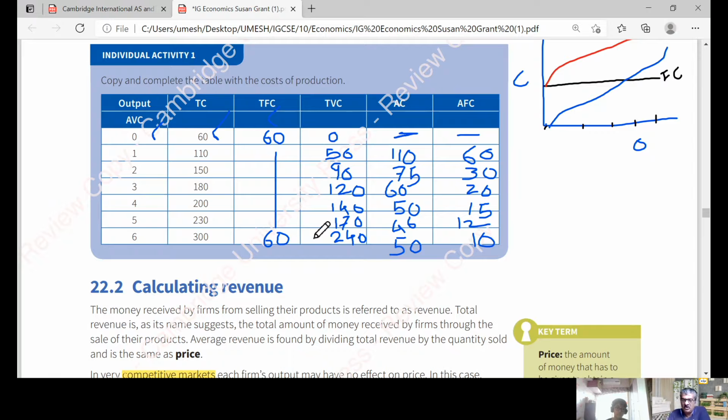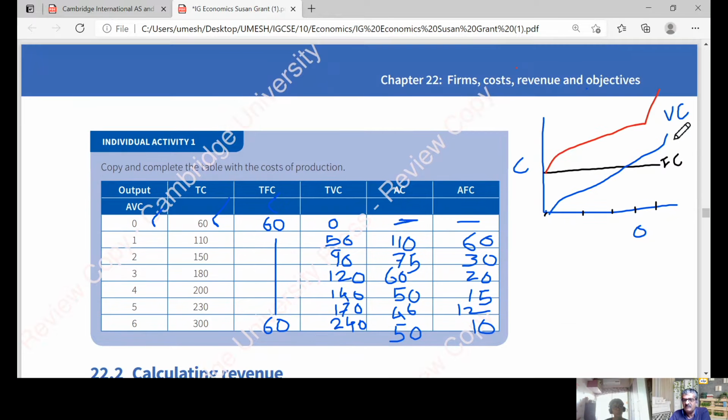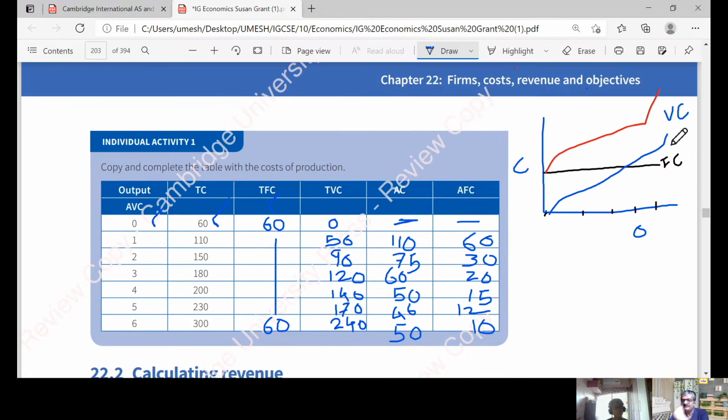For example, labor cost or component cost. If you are not going to produce anything, you are not going to use your raw material, you are not going to use your labor. So there will be no labor payment. So when the output is 0, variable cost is 0. And as the output goes on increasing, variable cost also goes on increasing. If you see the blue line here, variable cost goes on increasing.